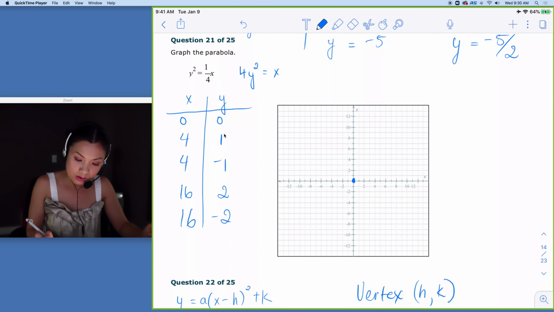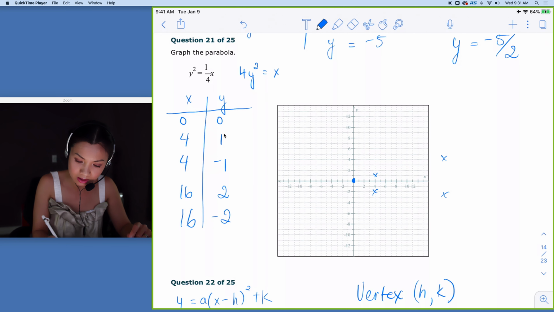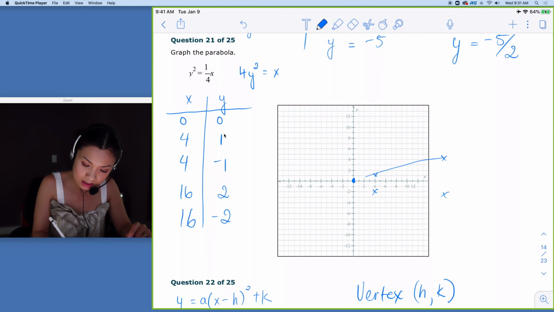Okay, so when you plot the points, we have (4, 1), (4, -1). 16 is out here, so we have 10, 12, 14. So it's going to be somewhere right here, and somewhere right here. And you see that it opens sideways.